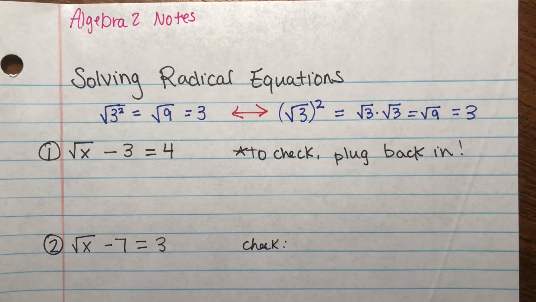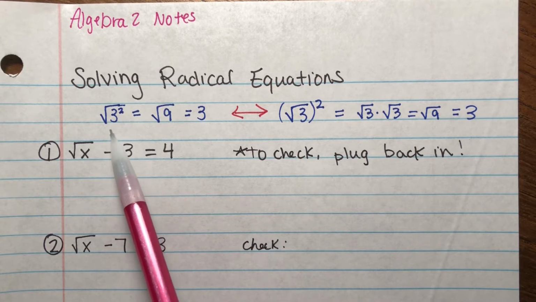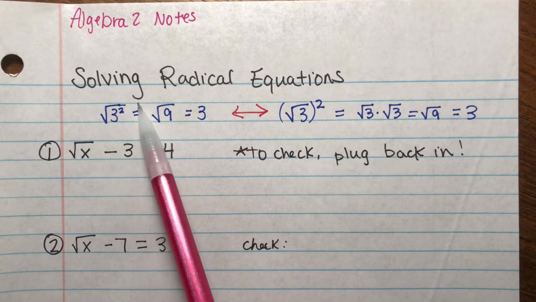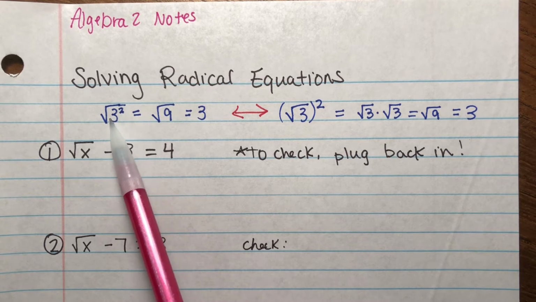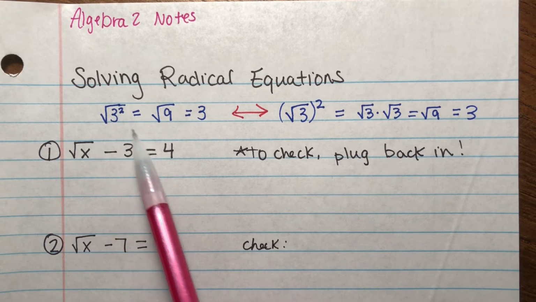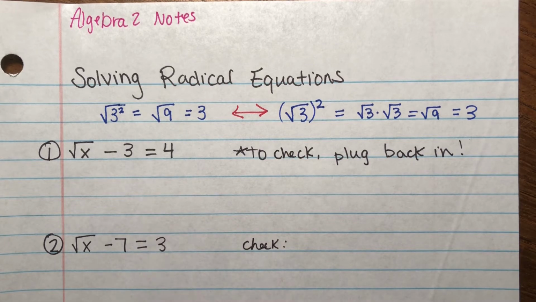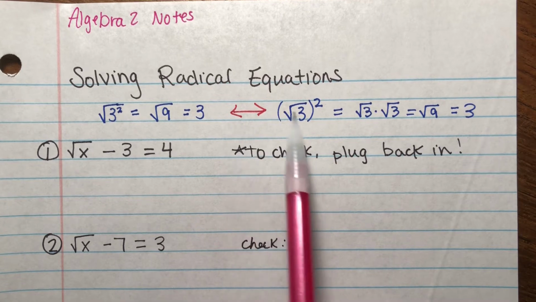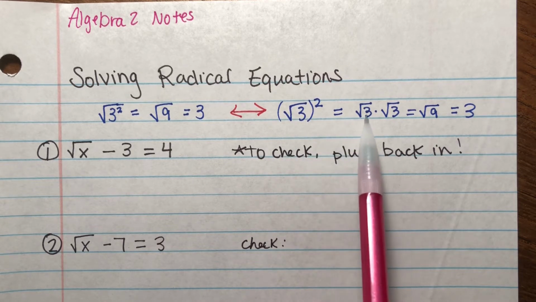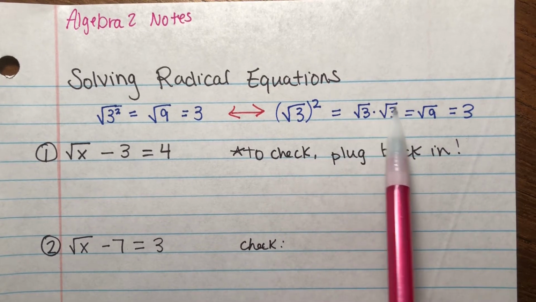So the first thing I wanted to point out is this property here. So we have the square root of 3 squared. So 3 squared inside the radical. So that's technically the square root of 9, right? And the square root of 9 we know is just 3. Now if we were to write the square root of 3 as a whole squared, we would have the square root of 3 times the square root of 3, correct?